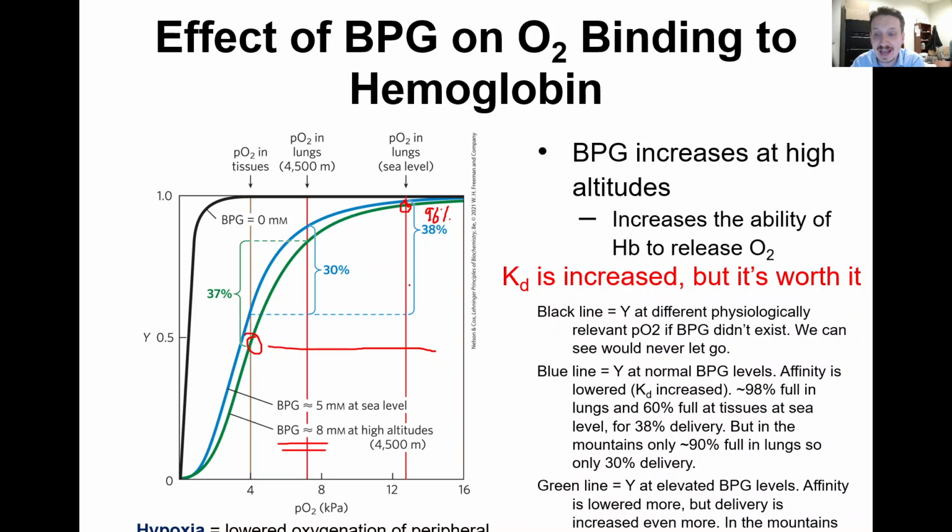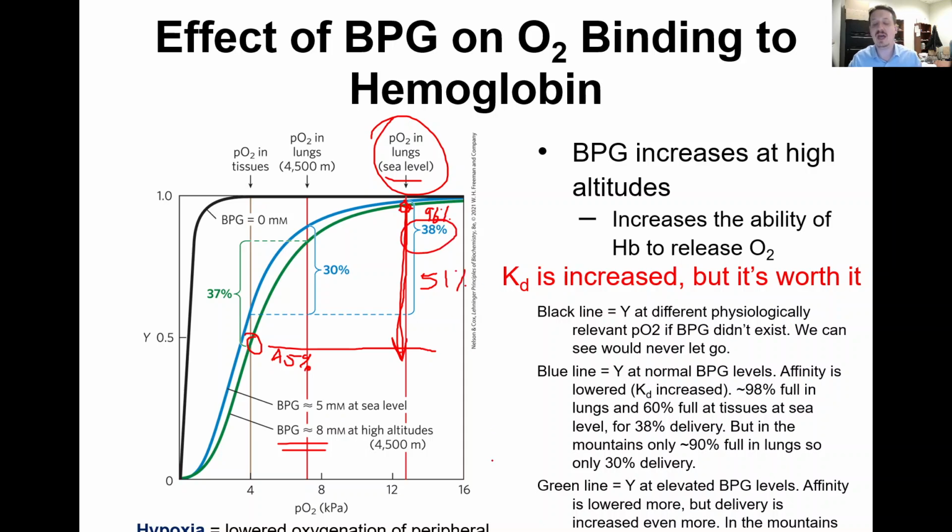And so it may mean, actually, that if you had more BPG, but it was still at the high concentration of oxygen, sea level, ground level, then it might deliver here, let's say, 45% full, and that means that, let's say, 51% oxygen has been delivered, which is greater than the normal 38%.